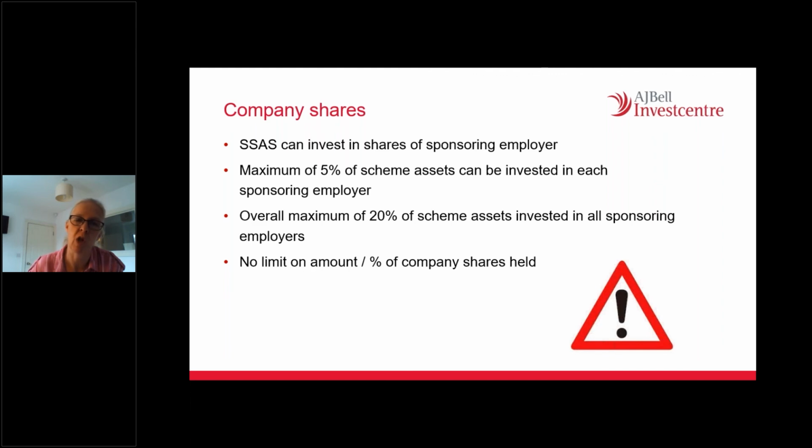It's only if you have control of the business that this is an issue, that you're classed as having an indirect holding of the taxable property. But the very nature of SSASs is that it's normally the business owners, so they normally will have control of it. Technically, you are defined as having control of the business if you are a director of the business and you own or control more than 20% of the shares.